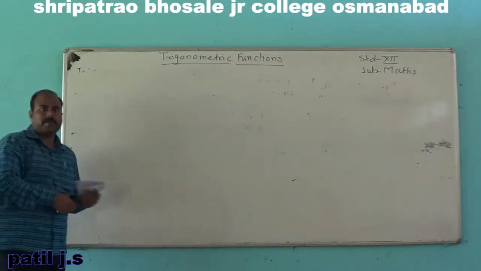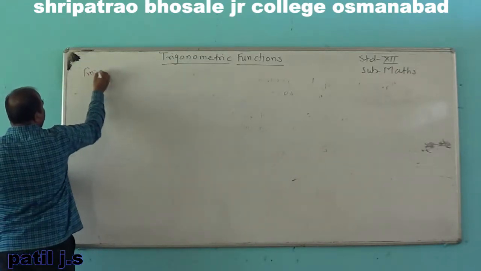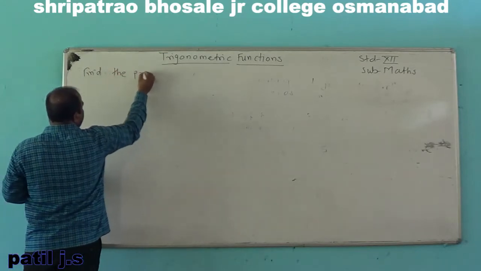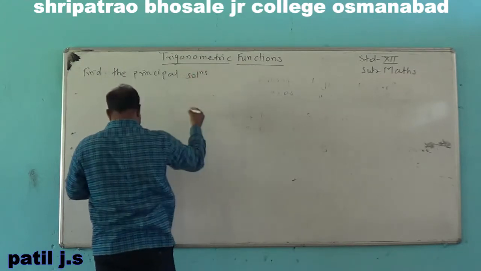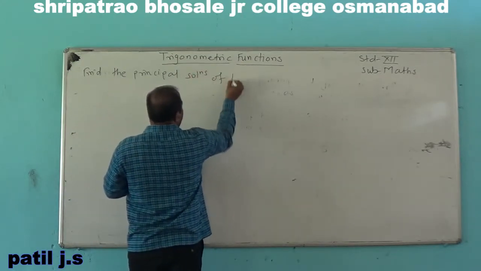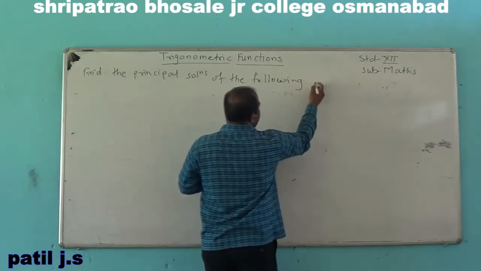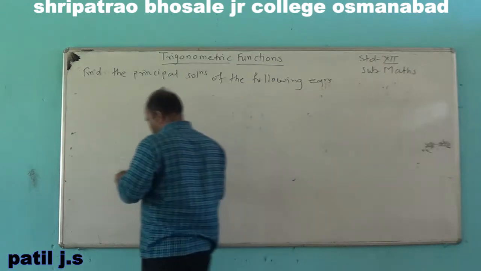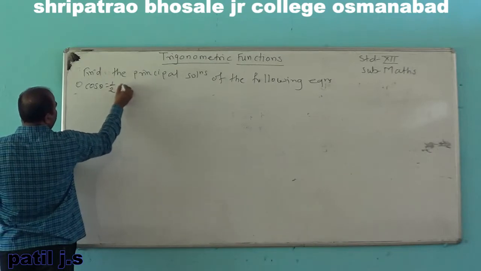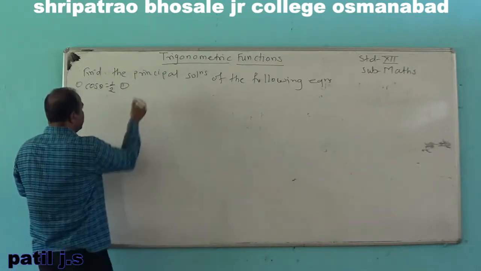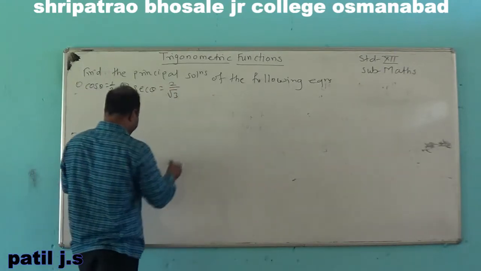Next is examples of principal solution. This question: find the principal solutions of the following equations. First, cos theta is equal to 1 by 2. Second, sec theta is equal to 2 divided by root 3.